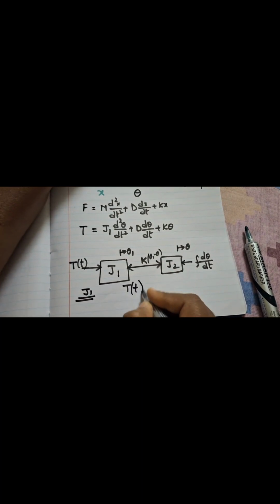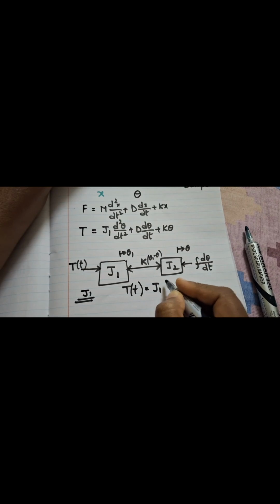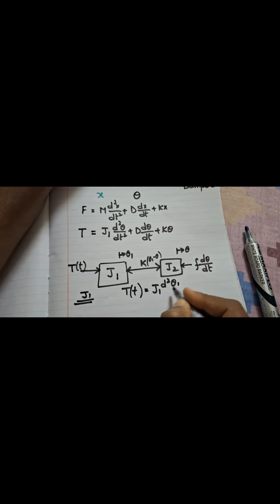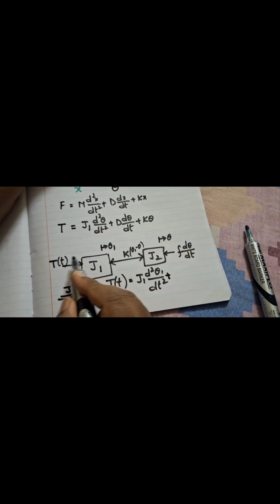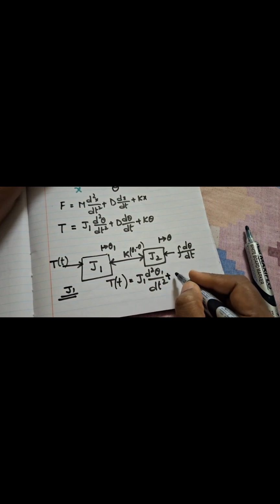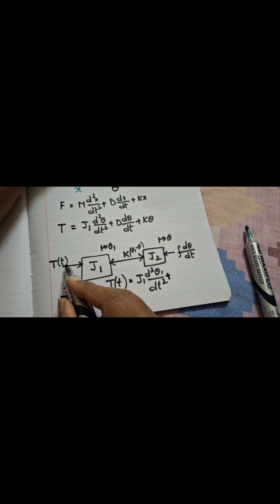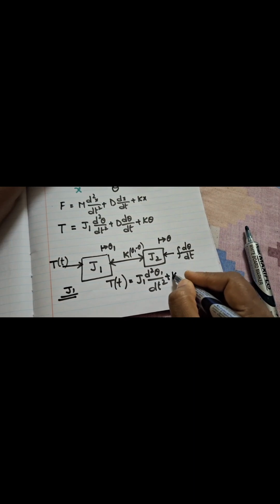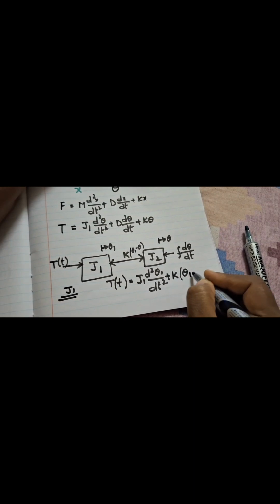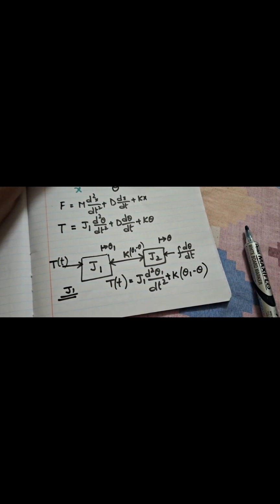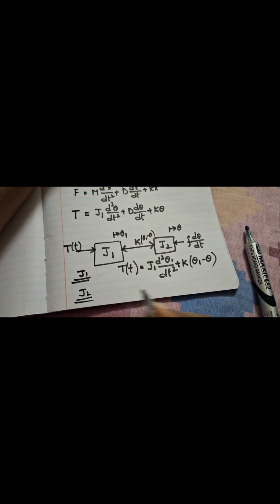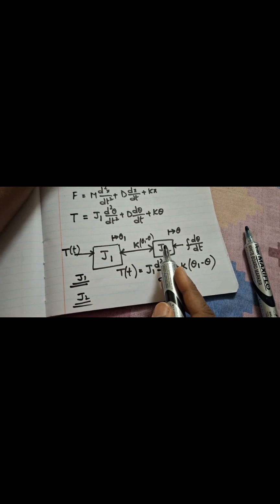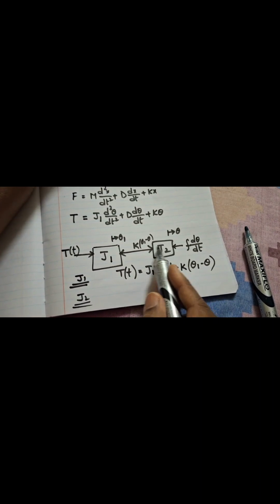So T of t is equal to J1 d square theta 1 by dt square. The reason is here theta 1 is there, plus any damper here? No damper, so there is no D or F. Then any K here? Yes, K is there, and K is in connection with both. So theta 1 minus theta. This is the first equation. And coming to the second equation, is there any T?